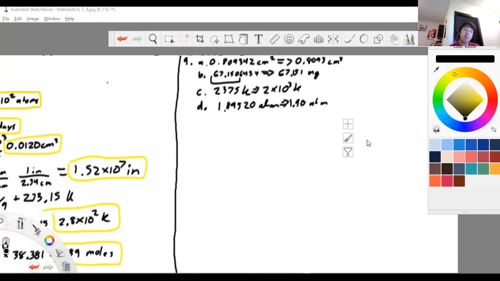Then say absorbance as a function of protein content.